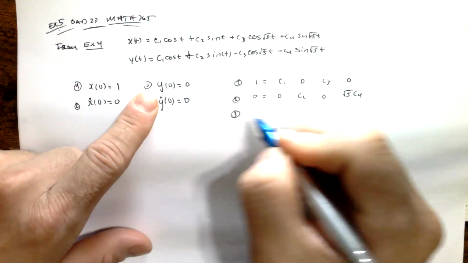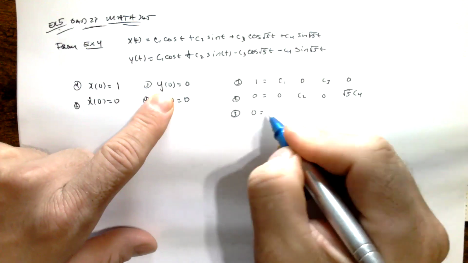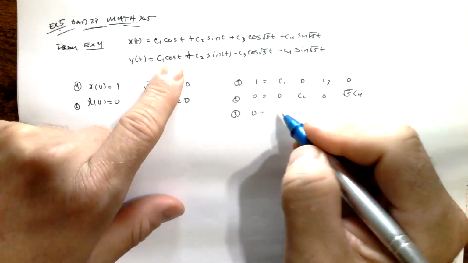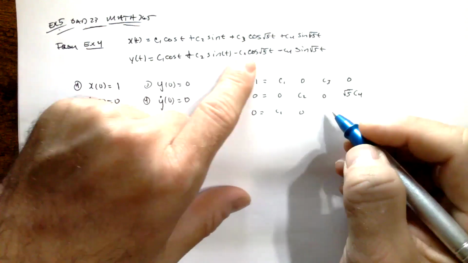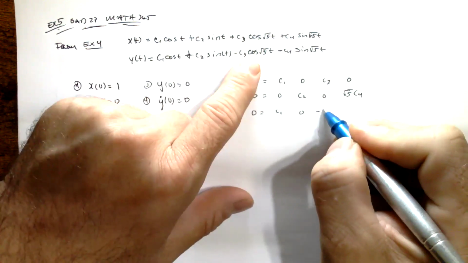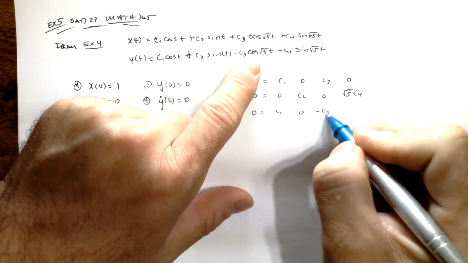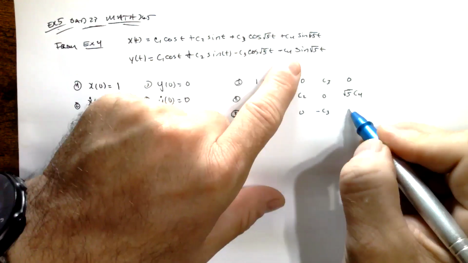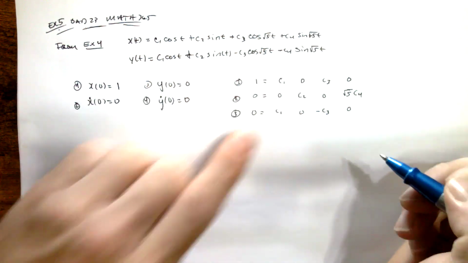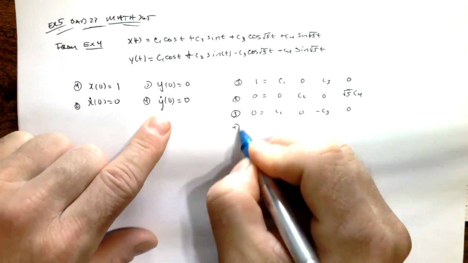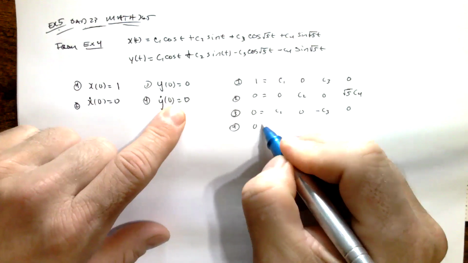For row 3, we're going to get 0 here. Going across, we get a C1, then a 0, then a negative C3, and of course C4 will also be 0, because the sine is 0. And then for row 4, we get another 0.